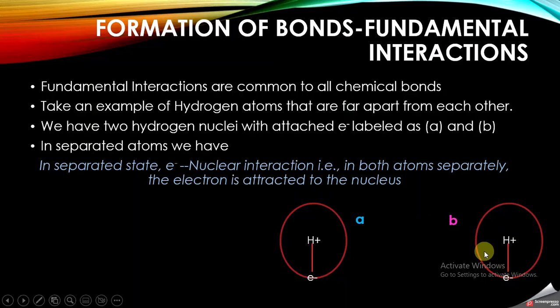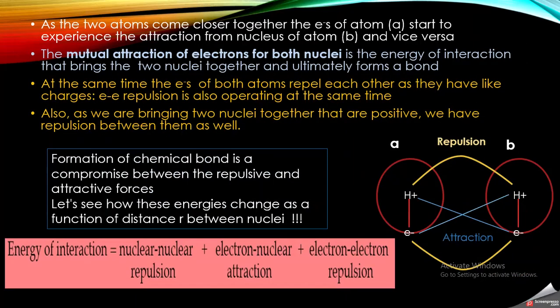Now in the formation of the bond, the two hydrogen atoms start to come closer towards each other, and as a result of this movement, some more interactions take place between them. Let us see what these interactions are.